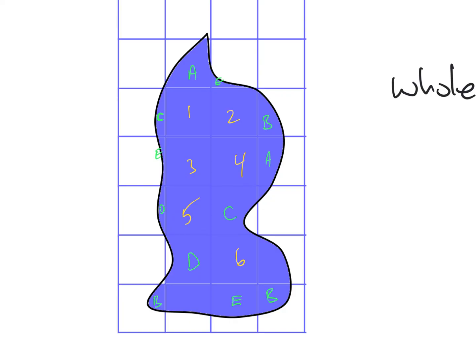And that only leaves us with two pieces left. For all intents and purposes, it's not a perfect match, but I think we could say these two pieces here come together to make a whole as well. So we got all the way to F. A, B, C, D, E, F.